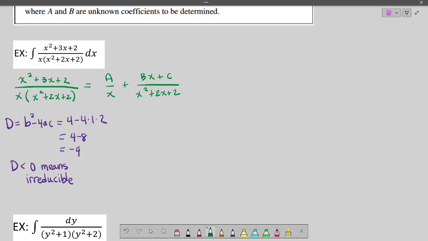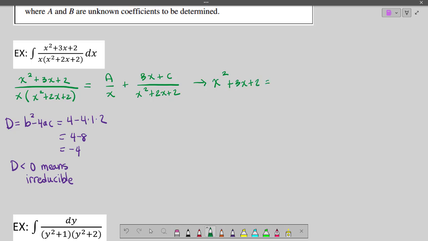Okay, so now we have that. We have to get our simplified PFD equation. Let's see, where am I going to put it? Let's just keep going this way. So we multiply both sides by the left side's denominator.